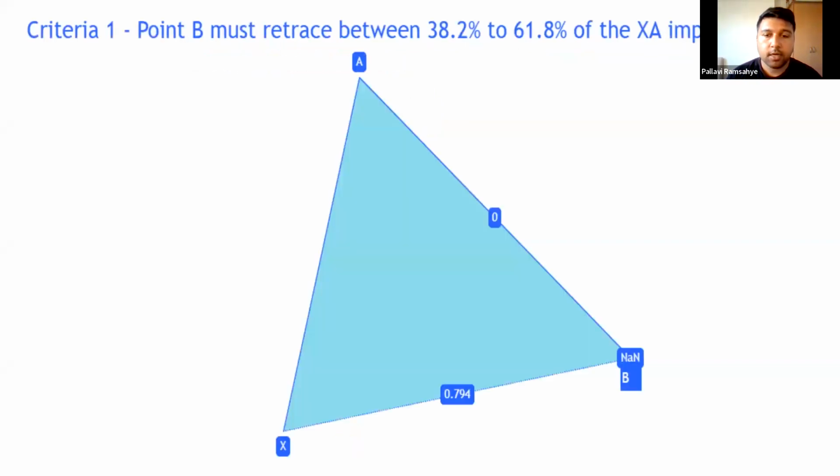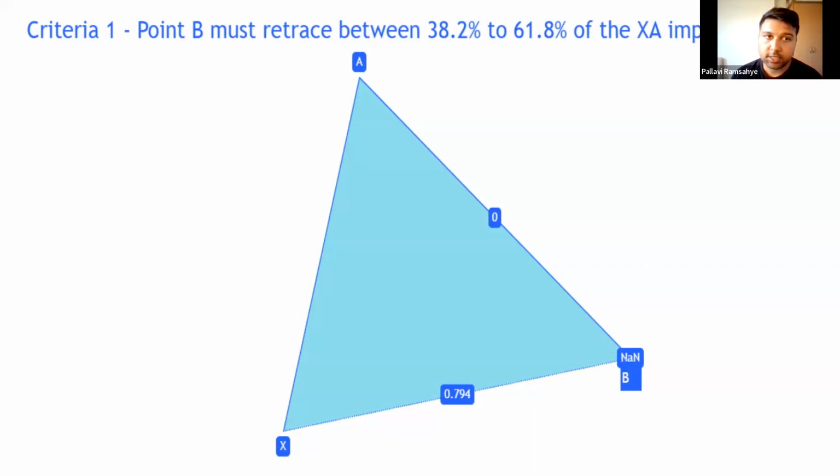Then we are looking for our first criteria when we're looking for the patterns that are building up and going to be established. The first point is B, our first criteria. Point B must retrace between 38.2% and 61.8% of the XA impulsive move.